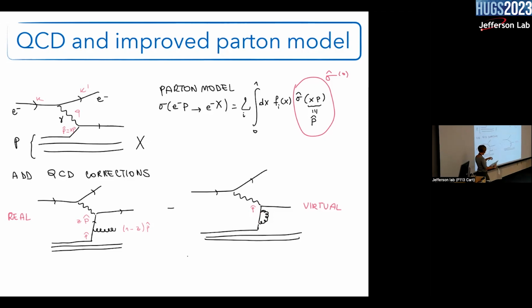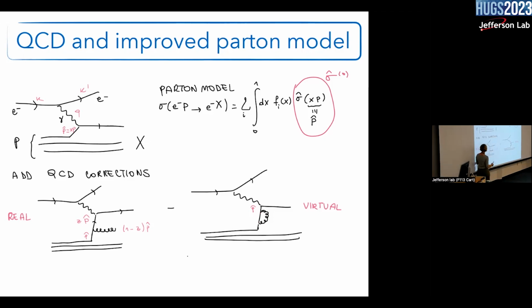So what happens here? This is the Parton model. It's what I wrote over there, and you have it here. Then you add the QCD correction. To the Parton that comes in and interacts via QCD with the photon, you have to add the real emission and the virtual correction, what we did before.